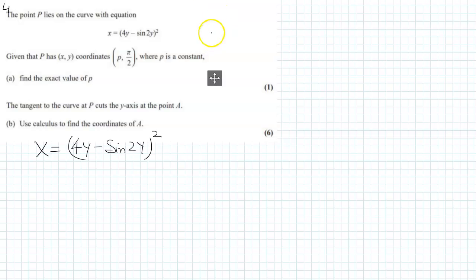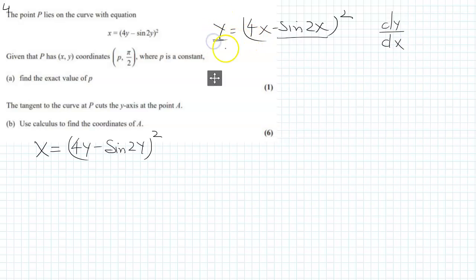This question is not given in the form y = 4x − (sin 2x)², so you cannot find dy/dx directly. If a question is like this, you have to find dx/dy.